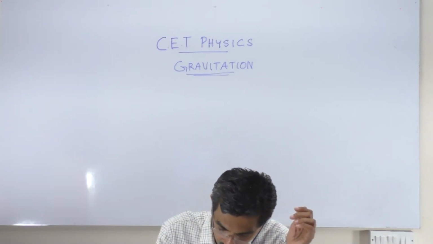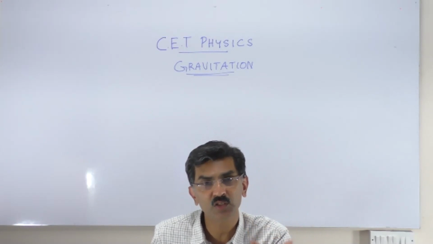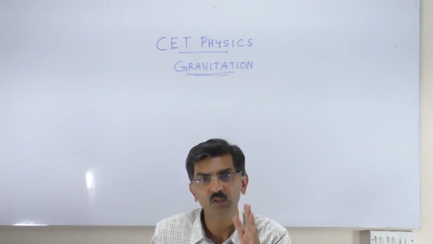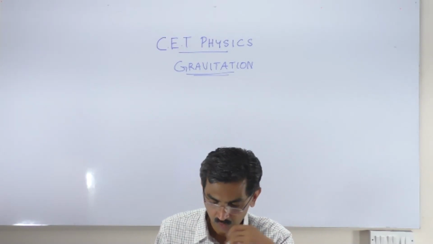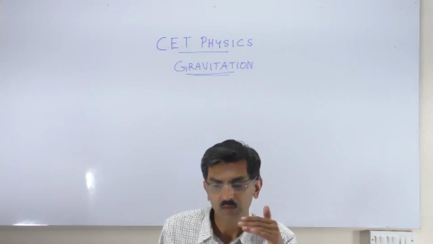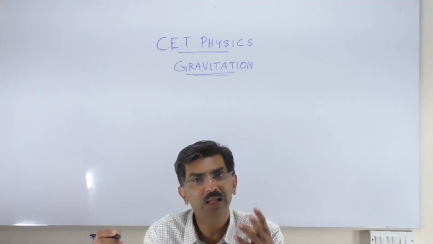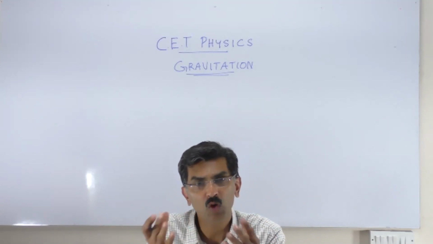So this is always 90 degrees, right? The instantaneous velocity is tangential to its circular orbit. So we know that work is equal to, right? And when the angle between the force and the displacement happens to be 90 degrees, work is not done.